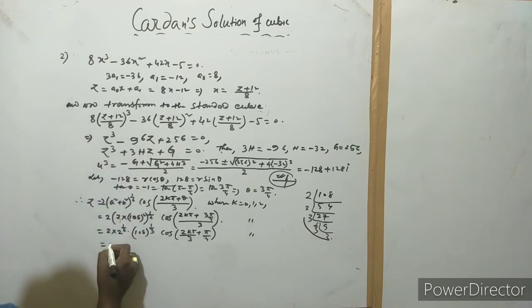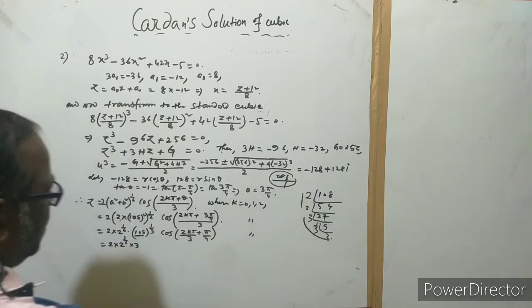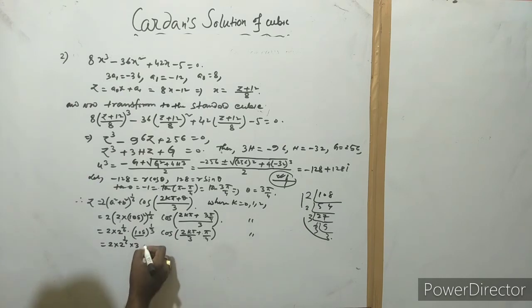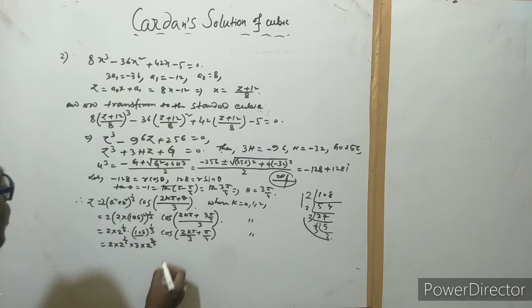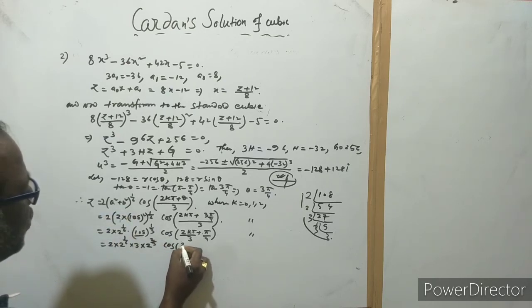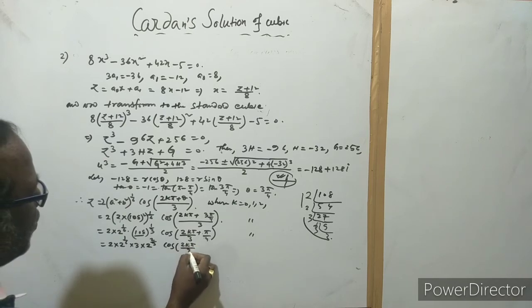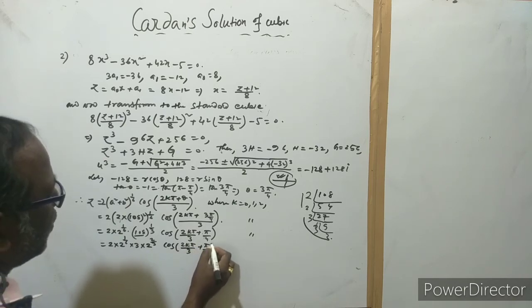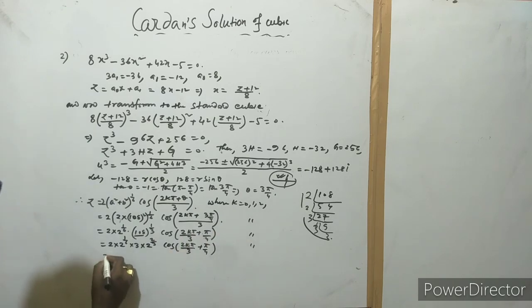So this is 2 into 2 to the power 1 by 6, and this is 2 to the power 2 by 3, and cos of 2k pi by 3 plus pi by 4, where k equal to 0, 1 and 2.